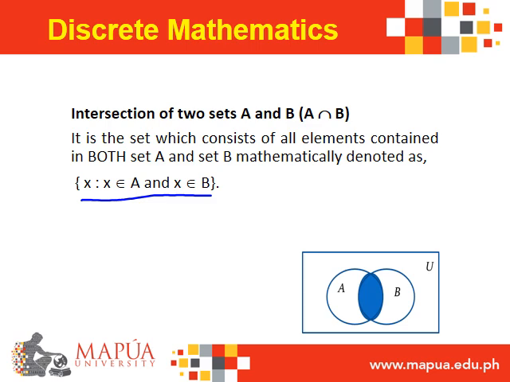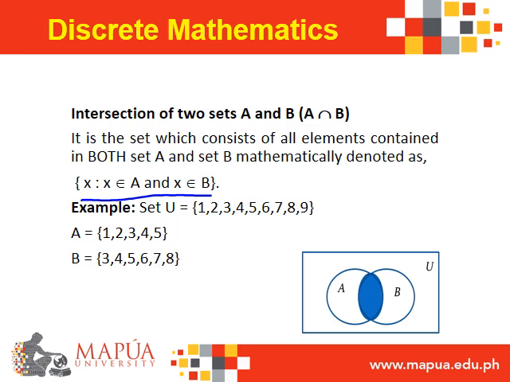On the Venn diagram, this shaded region involves the elements found within the intersection of A and B. To be more discrete, let us take our universal set U, which contains values 1 to 9, and group values 1 to 5 as set A and values 3 to 8 as set B. The intersection of A and B would comprise of elements 3, 4, and 5, which are common to both set A and set B.